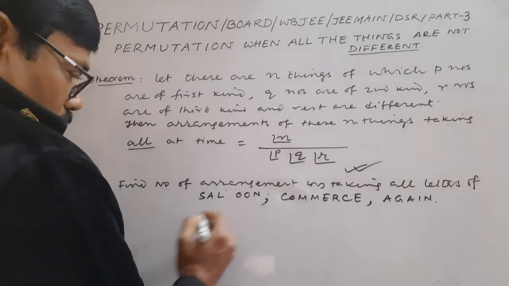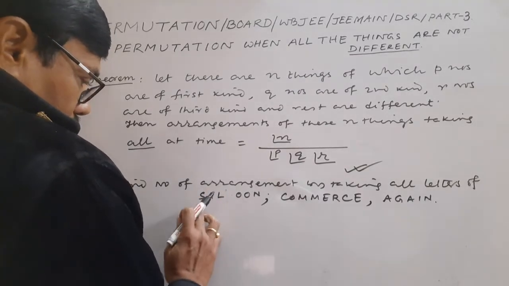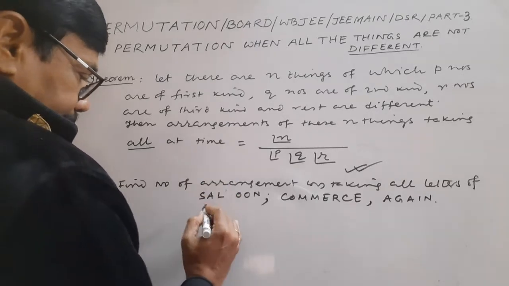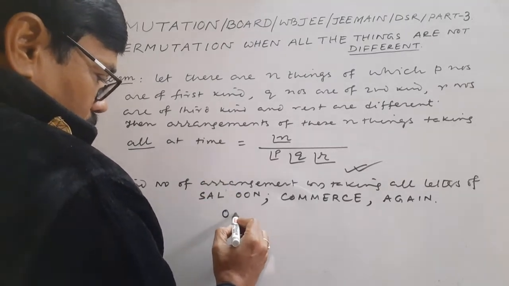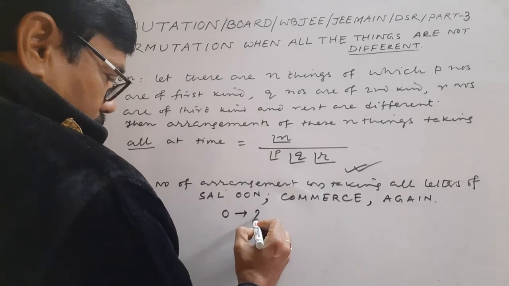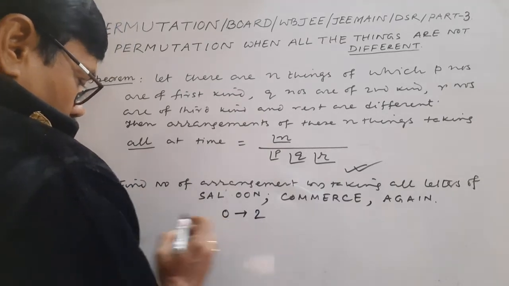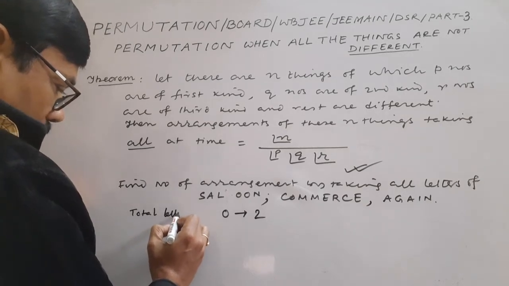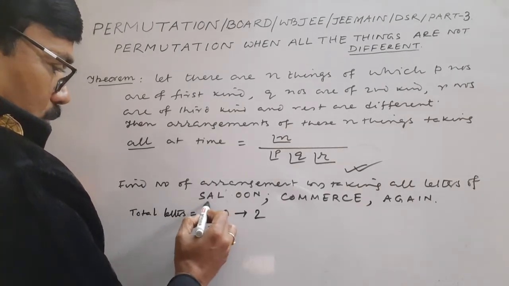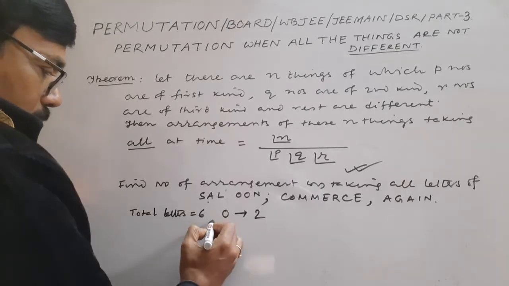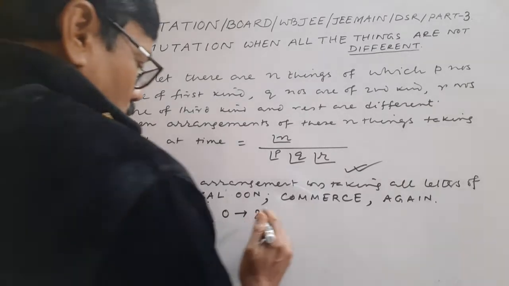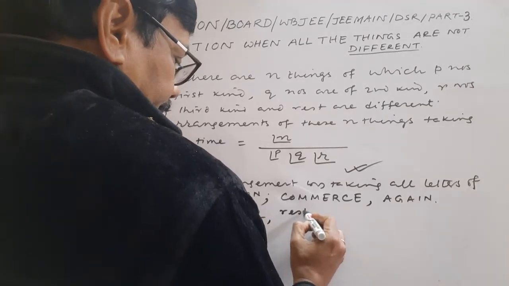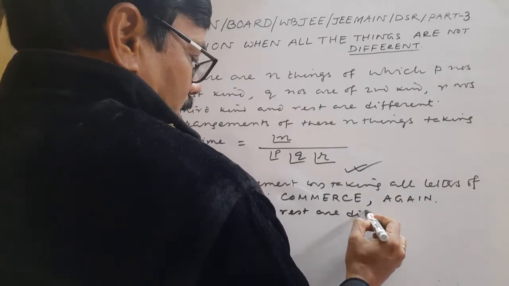So look, problem number 1. Letters are S, A, L, O, N, and O is repeated 2 times. Total letters equals 6, of which O is 2 and the rest are different.